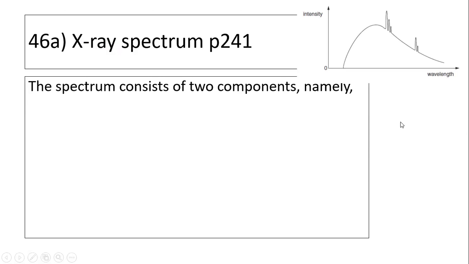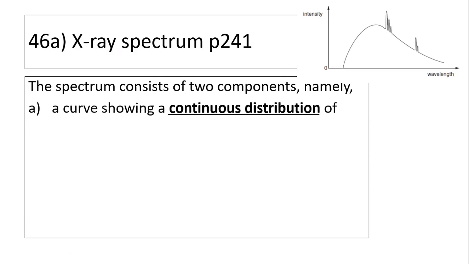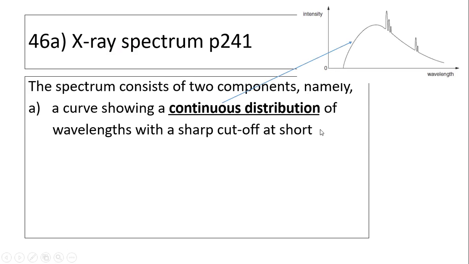The spectrum consists of two components. Namely, the curve showing a continuous distribution of wavelength with a sharp cutoff at short wavelength: continuous frequency, continuous intensity at all wavelengths, and then the cutoff here, the minimum wavelength.